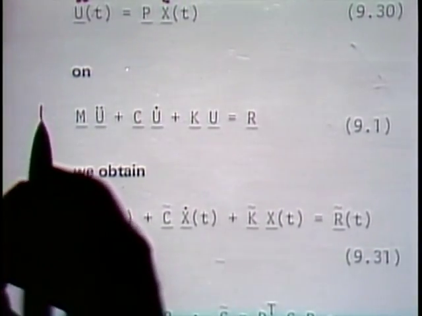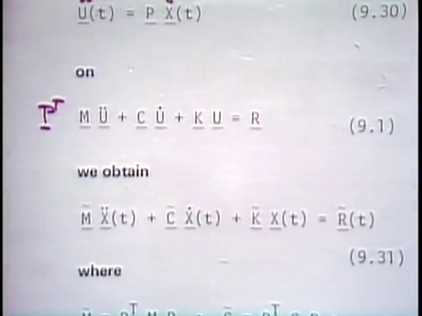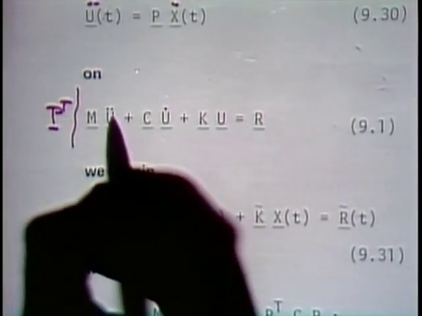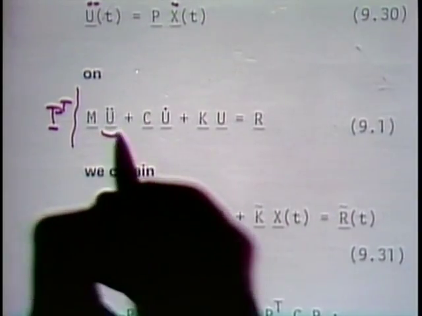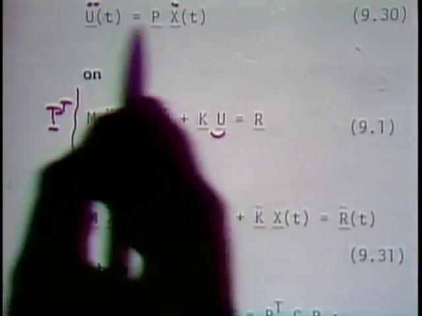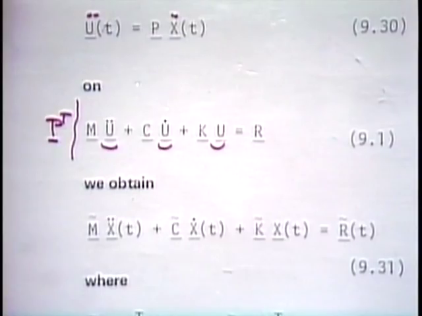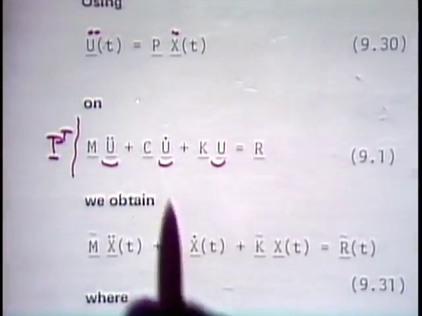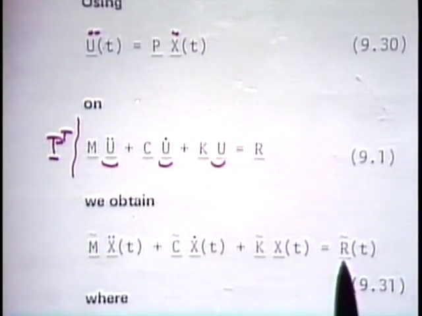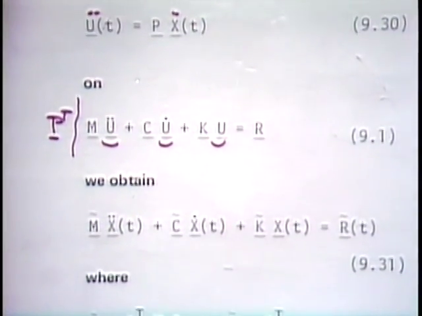In other words, we take a P transposed here, and we are substituting for these vectors from that relation here. The P transposed, of course, gives us also a P transposed R on the right-hand side. So R curl here is defined as shown down here.